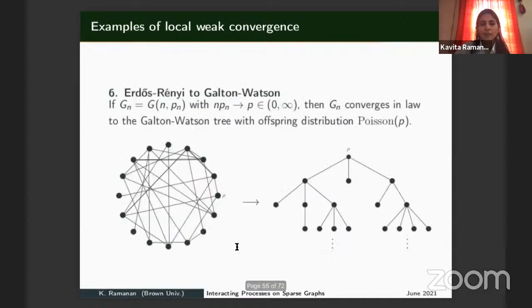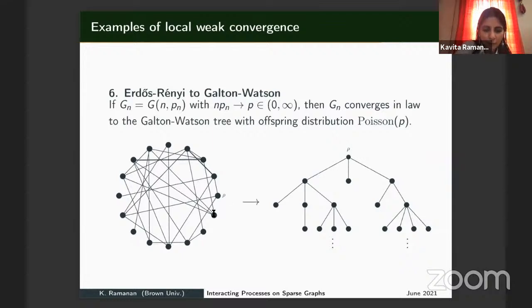Then if you look at the Erdős–Rényi graph with np_n going to a particular value p, then locally this random graph looks like a Galton-Watson tree with Poisson offspring distribution, with parameter this p that it goes to.